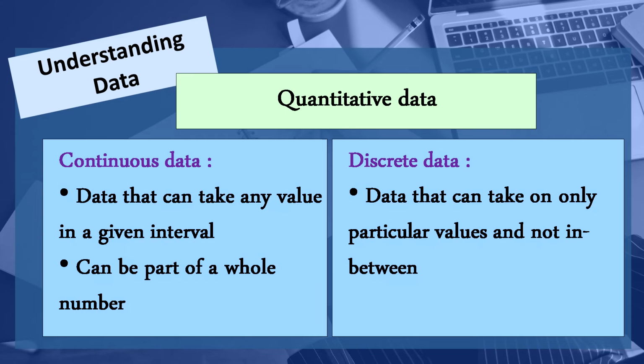Another set of data under quantitative classification is discrete data. Discrete data can take only particular values, and there are no intervals in between. No fraction is possible. If no fraction is possible, the number is classified as discrete. If a fraction or interval is possible, that's called continuous data.